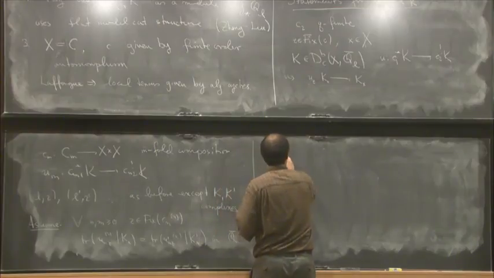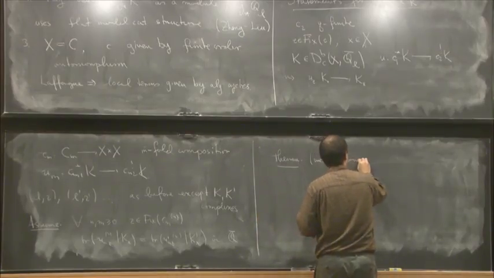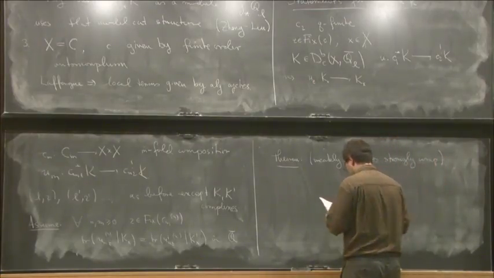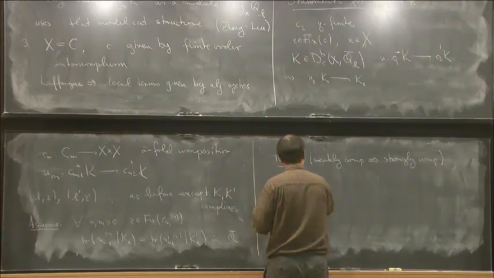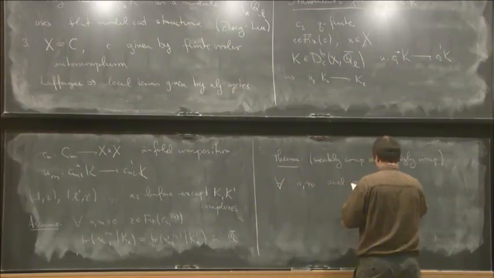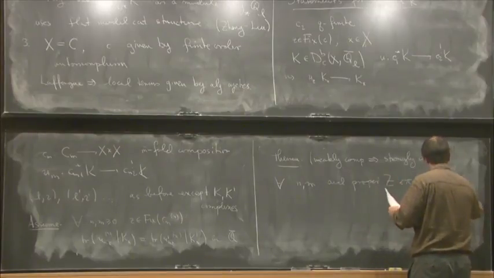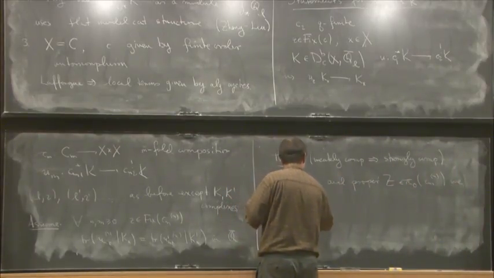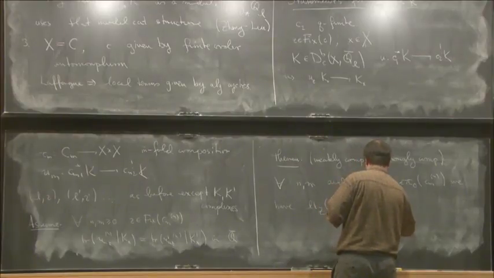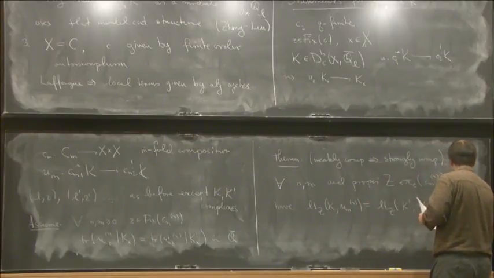And then the theorem, which I'll say is weakly compatible implies strongly compatible, is that if I now look at the true local terms, so I have some n and m and a proper component z of the fixed point locus, we have that the local term of z, K, u^m twisted by n is equal to the local term of z, K prime, u^m prime twisted by n in Q bar.